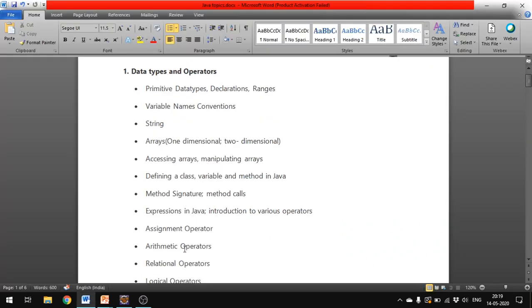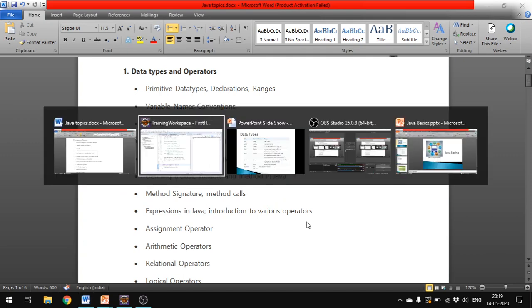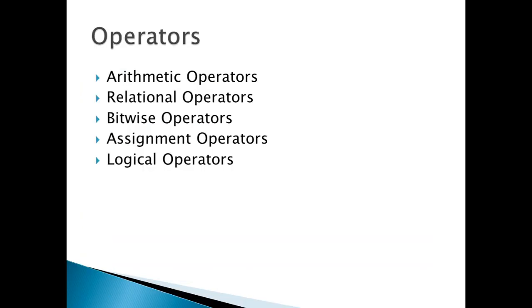Next is expressions in Java, an introduction to various operators. So let's go to the operators. We have arithmetic operators, relational operators, bitwise operators, assignment operators, and logical operators. These are different types of operators. From the name itself, you can understand that an arithmetic operator is for doing any mathematical operation, plus, minus.